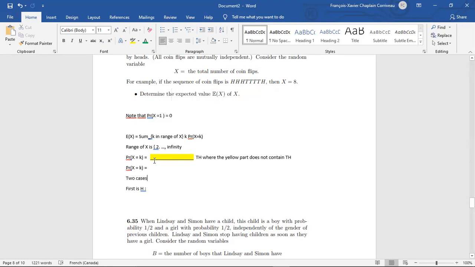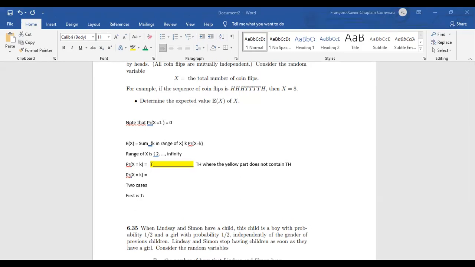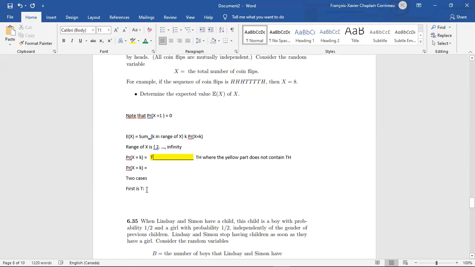So my question is, if I start with, so maybe we look at the easier case. If we start with tails, what do we know about this yellow part? So here I have a tail. What do I know about this part? They're all tails, exactly. So here, if my first is tail, then everything else is fixed.